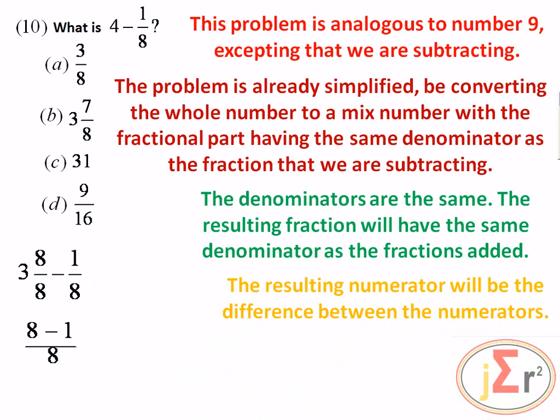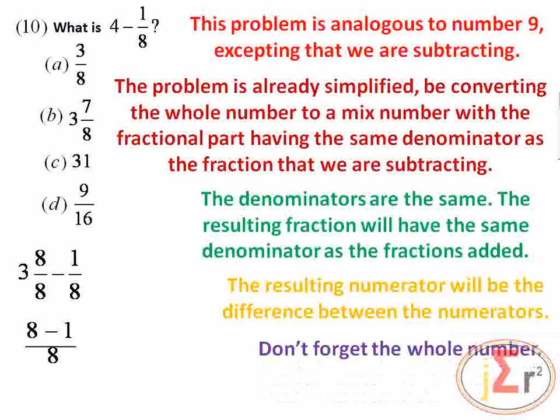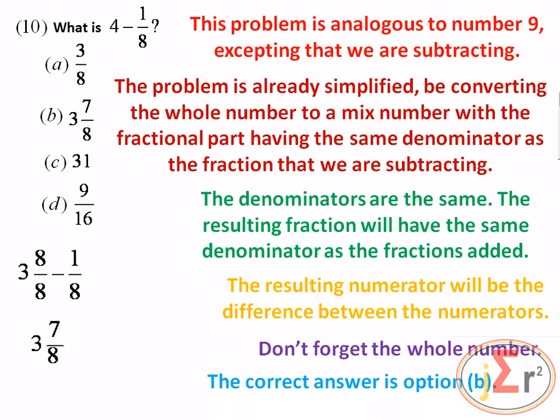The whole number is missing that we will include. And while we are including the whole number, we will complete our subtraction process. And that will give us the correct answer of... Which? Option B. Option B. So the correct answer is option B.